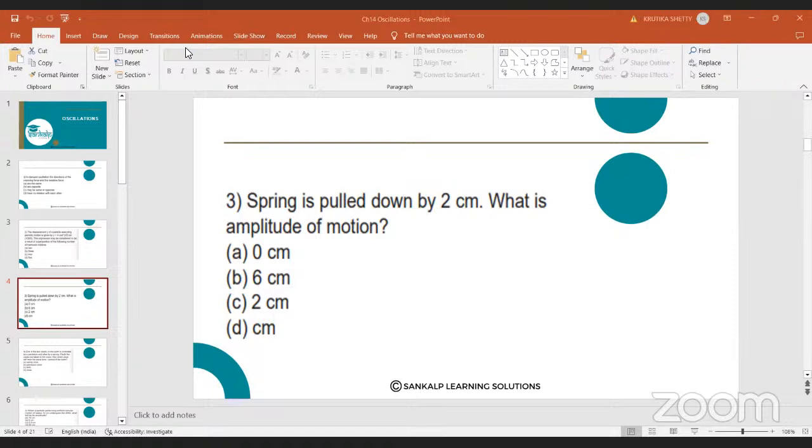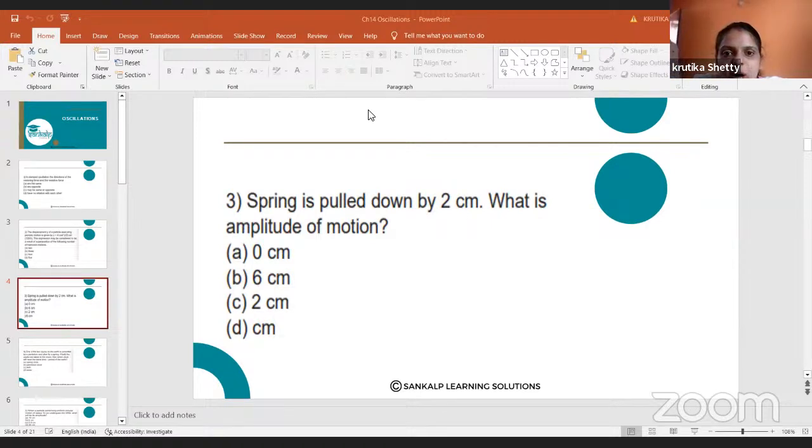Option C, yes, that is correct. It is option C, 2 centimeter. So how much you are pulling, the same amplitude it will be. So that is nothing but 2 centimeter itself. Option C is the correct option.